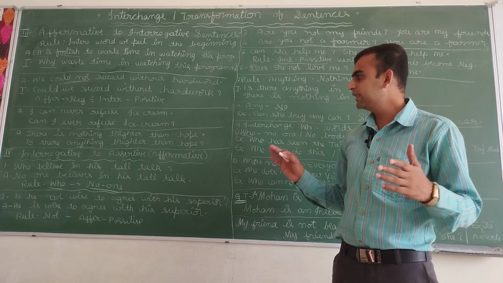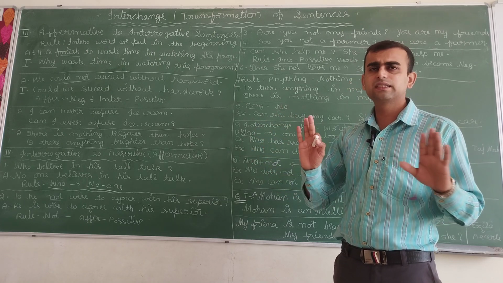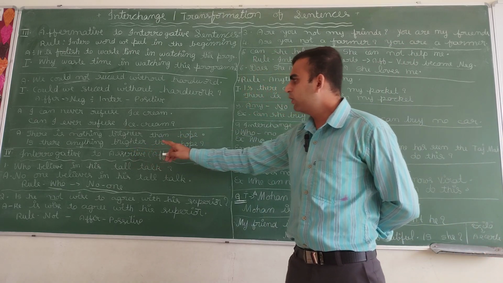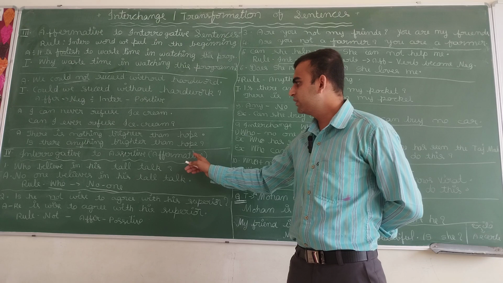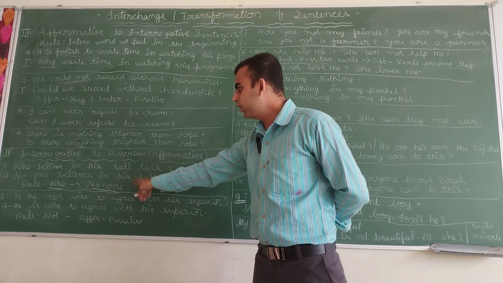Please learn clearly so that these formulas and sentences are very easy for you. First of all, once again I tell you how to change an interrogative sentence into an affirmative sentence. First, if there is who, we write no one or nobody.